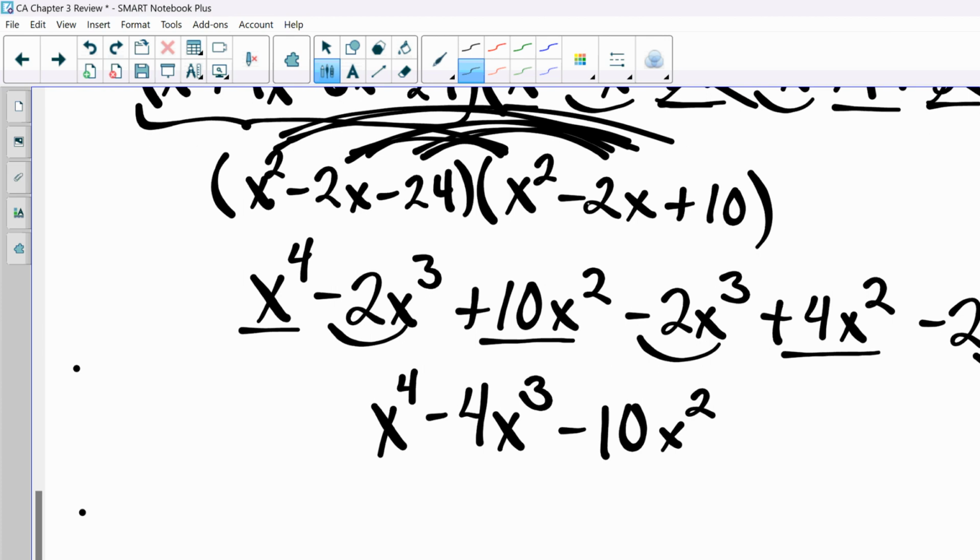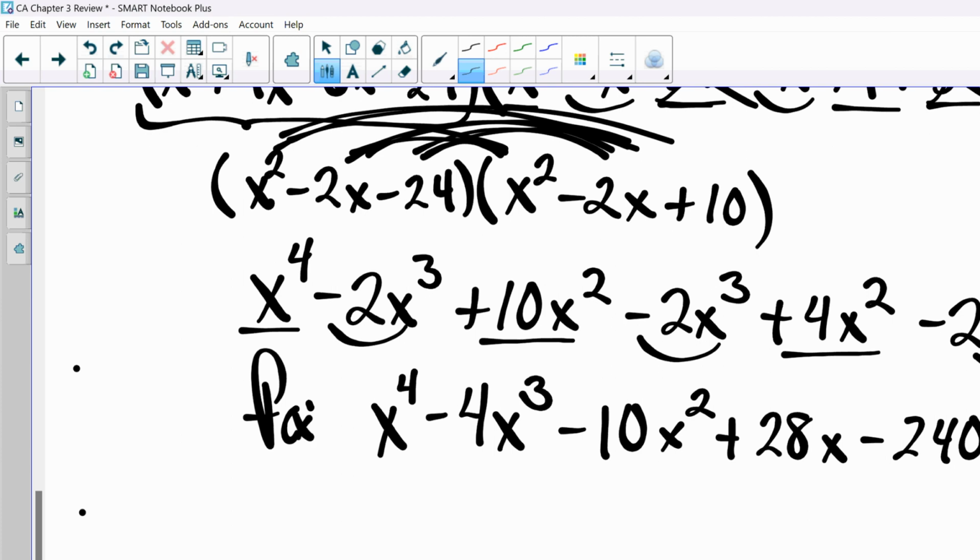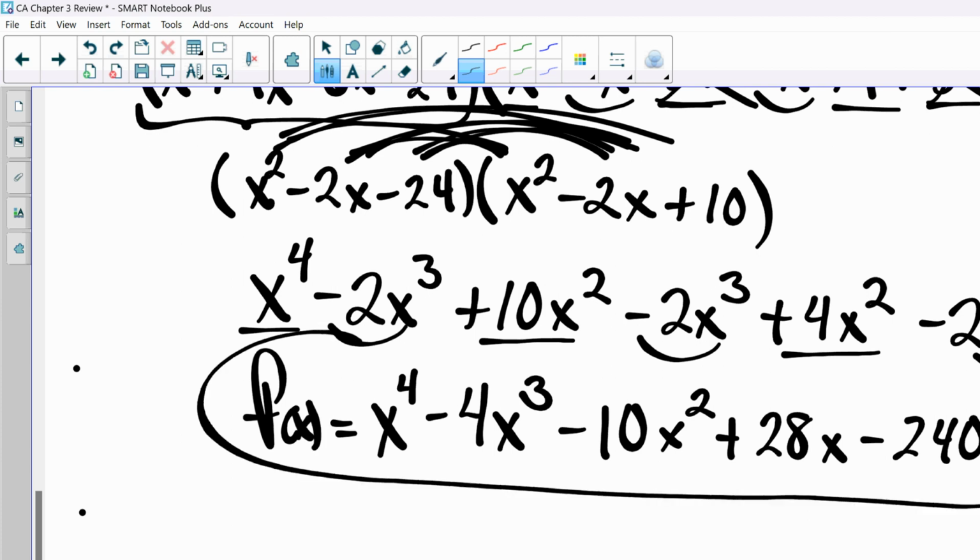Then we have our negative 20x plus 48x is going to be plus 28x minus 240. And that there would be our final answer.